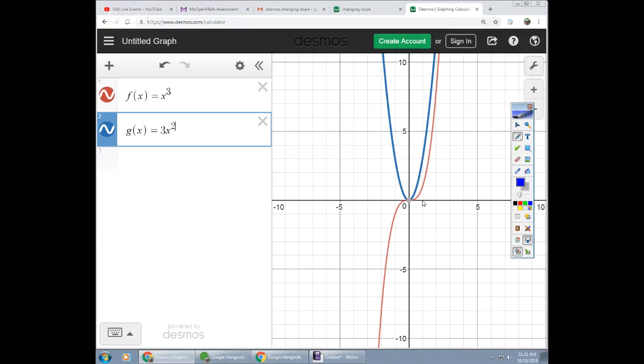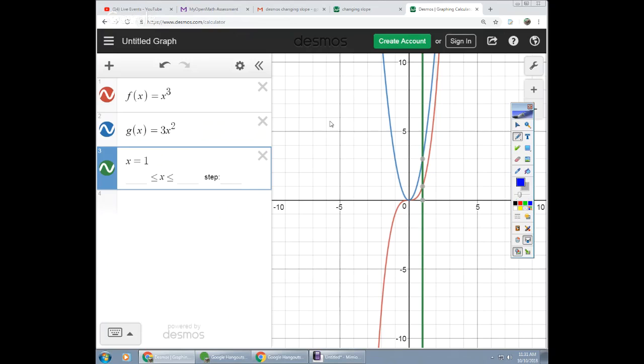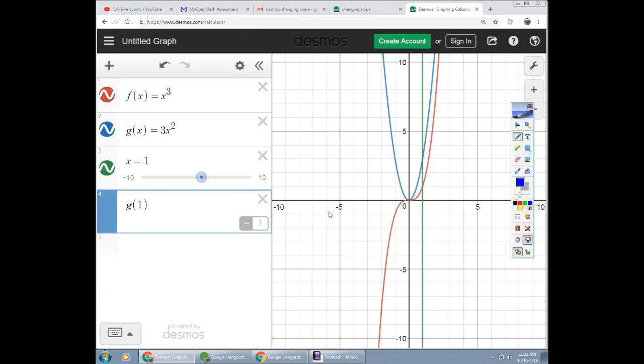So let's see, if x were equal to 1, the slope, so the red is my original function, the slope there should be 3 according to the slope function. Does that seem reasonable? Well, we can check it. g of 1 equals 3, the obvious there.